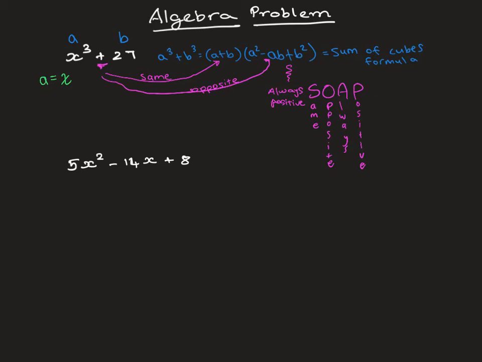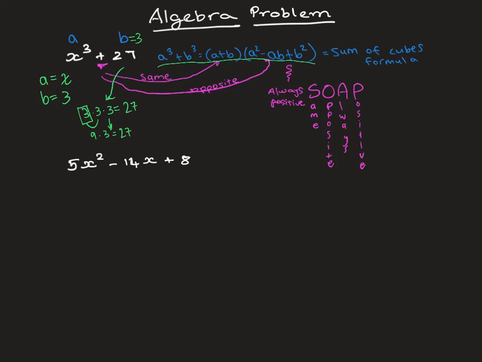That number would be 3, because 3 times 3 is 9, and 9 times 3 is 27. So b is equal to 3. Now let's apply the original formula here.